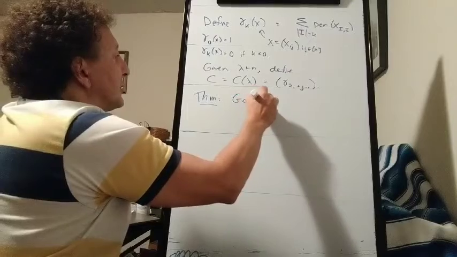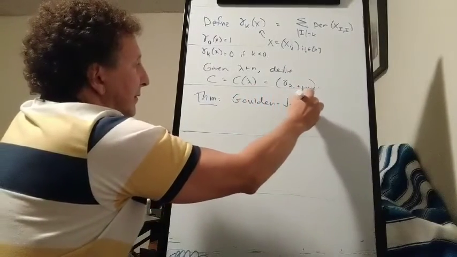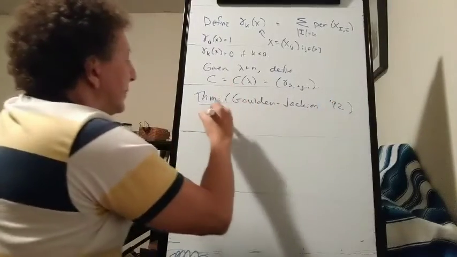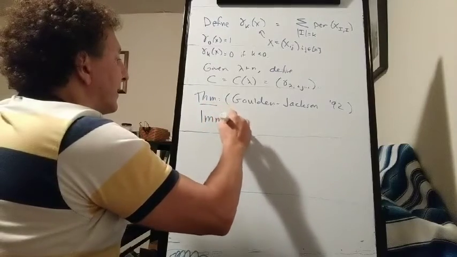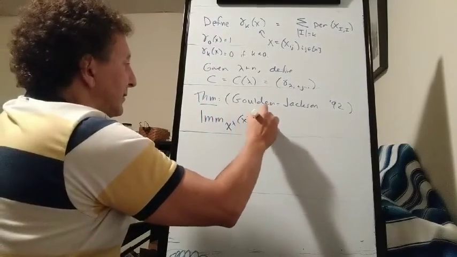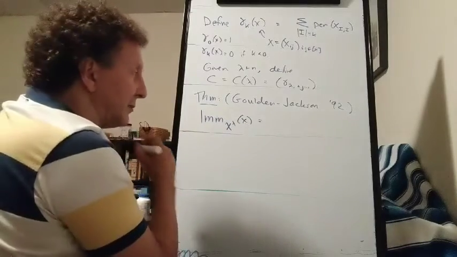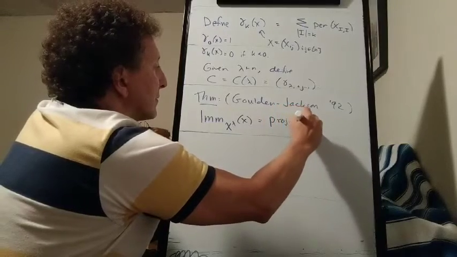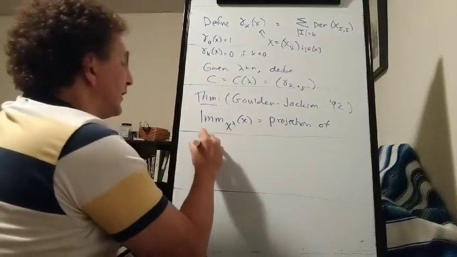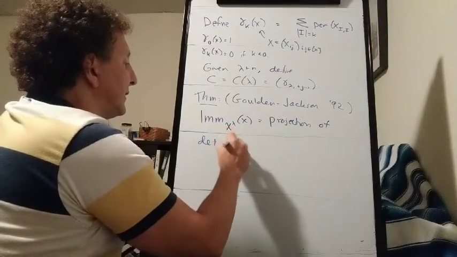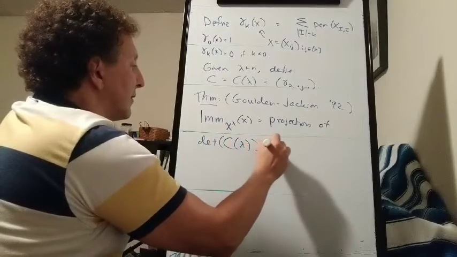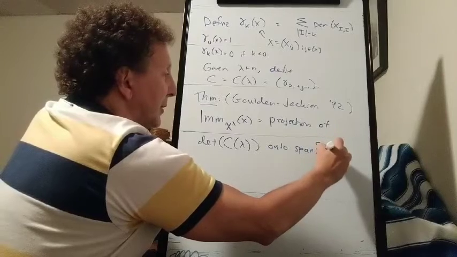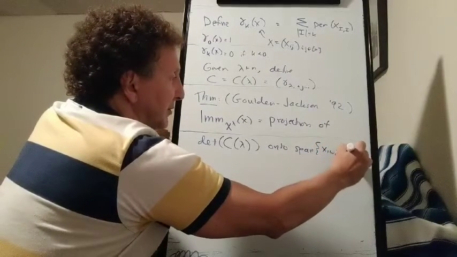And the theorem of Goulden and Jackson from '92 is that the chi lambda immanent of x, the generating function for the irreducible character chi lambda, is the projection of the determinant of C lambda onto the span of all these permutation monomials.